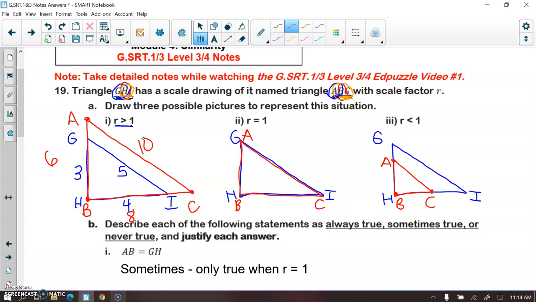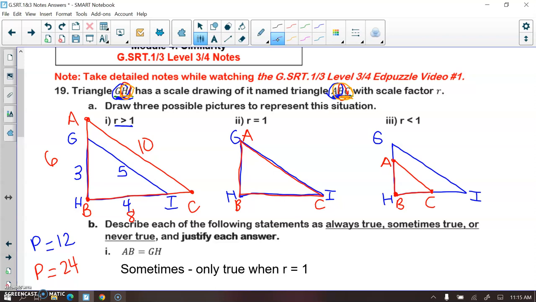Well, if I took the perimeter of triangle GHI, the perimeter would be 12. If I took the perimeter of ABC, that's 24. So my scale factor here would be 2 because I multiplied all 3 sides of GHI by 2.